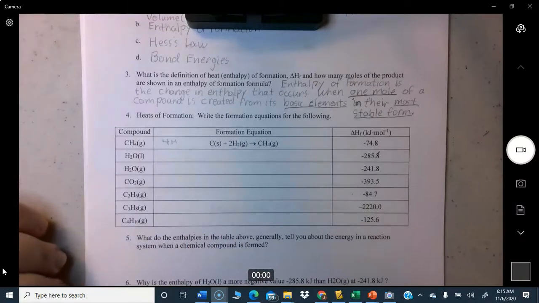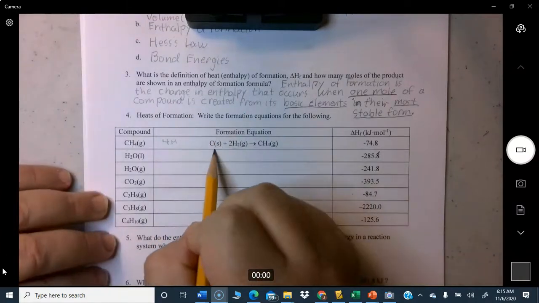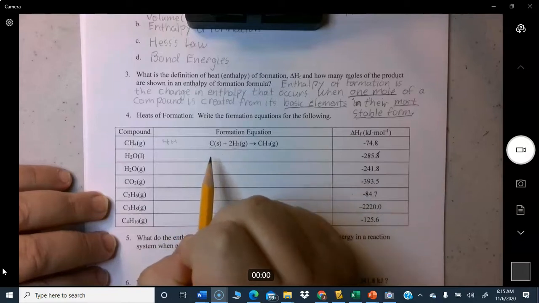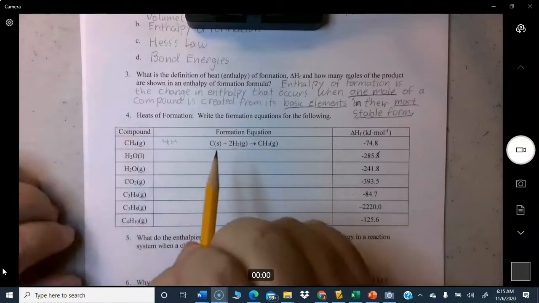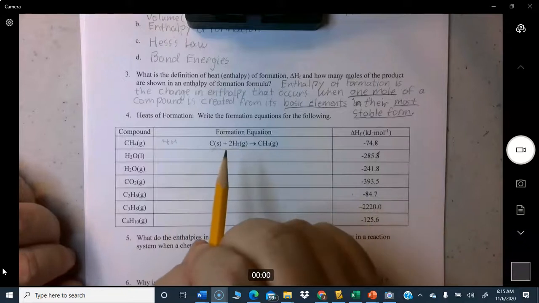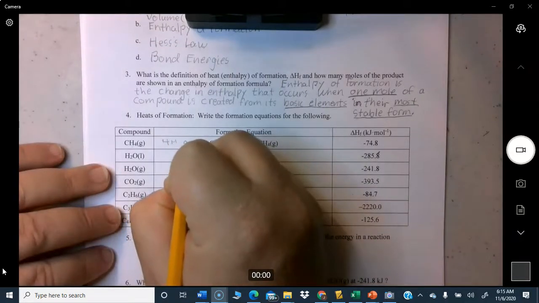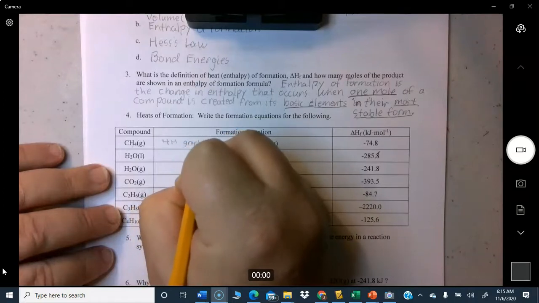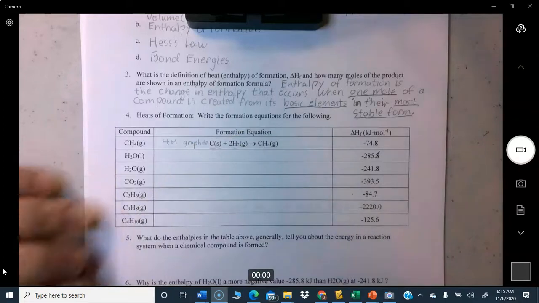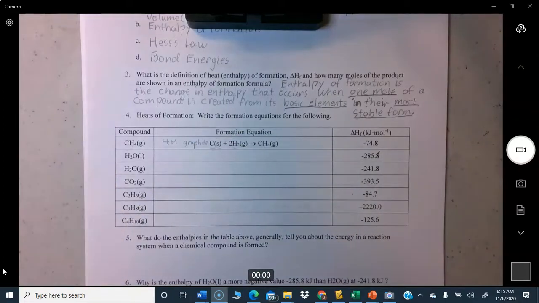Okay. Another thing is this, what's the most stable form of carbon? And you're not going to have to know a lot of these, but here's one that you should know. The most stable form of carbon is graphite. It's actually what your pencil writes with. The pencil I'm writing with right now is graphite. It's not lead. People say it's lead. It's not lead. It's graphite.